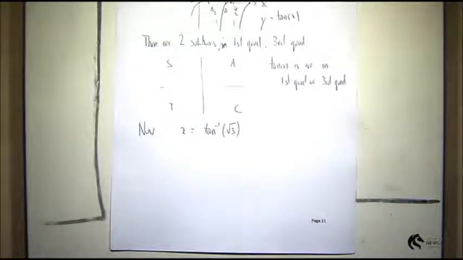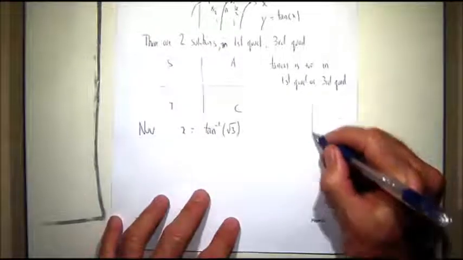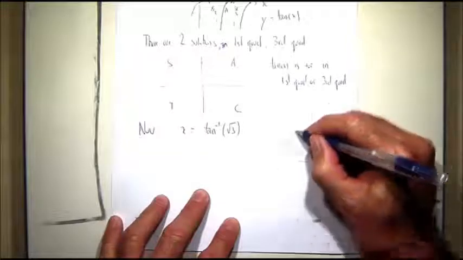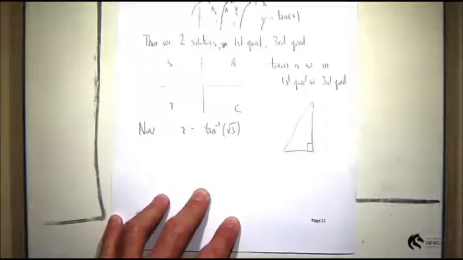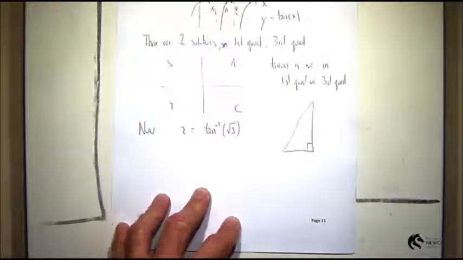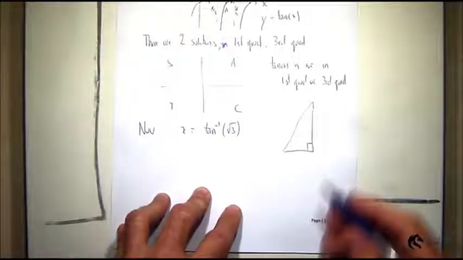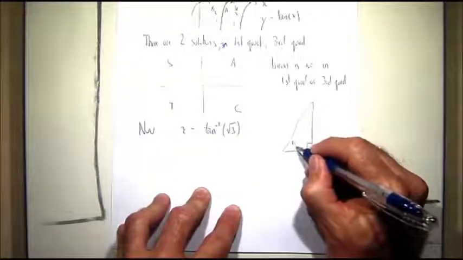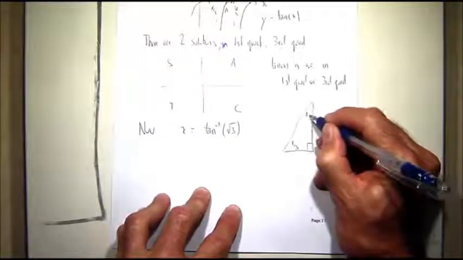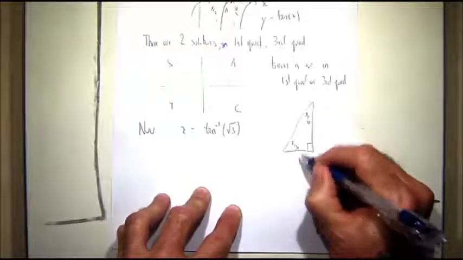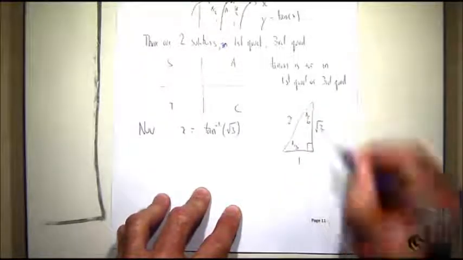In this case, we immediately think of our special triangles, don't we? That's what first came to your mind. And in our special triangles, we had one where the angles are pi on 3 and pi on 6, and the side lengths were 1, 2, root 3.